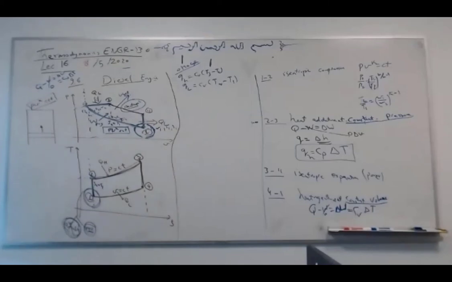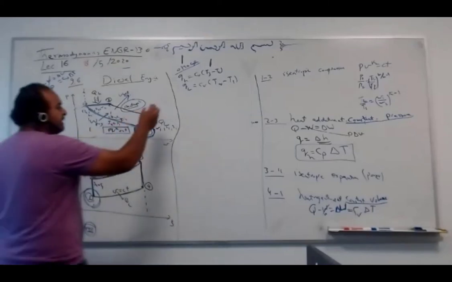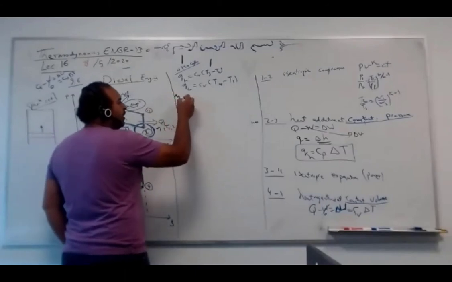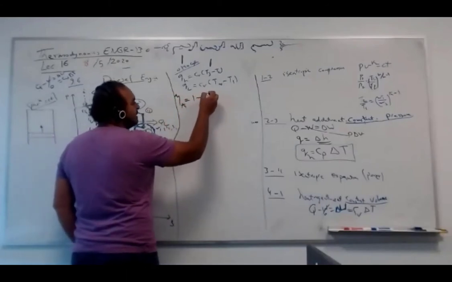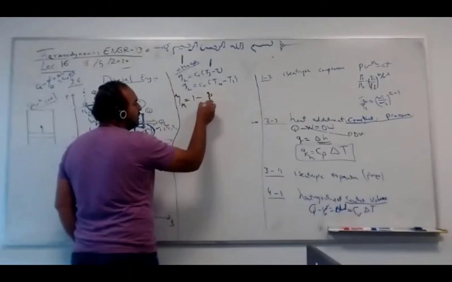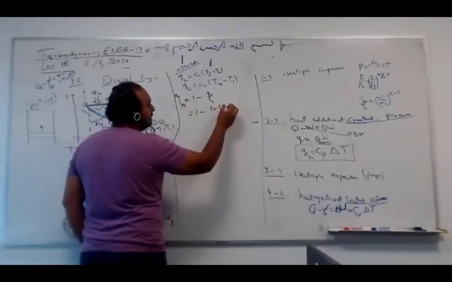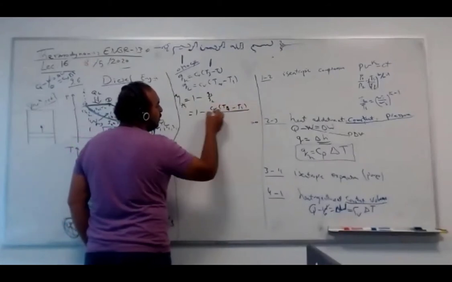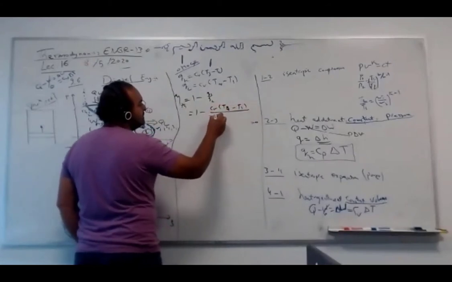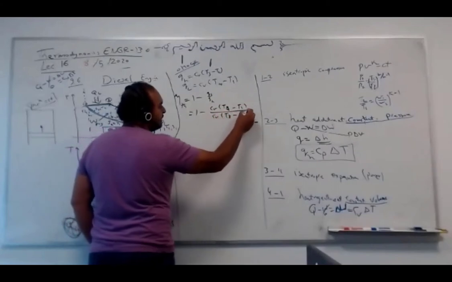This is the Otto cycle. Eta thermal was 1 minus Q low over Q high, which is 1 minus CV (T4 minus T1) over CV (T3 minus T2).